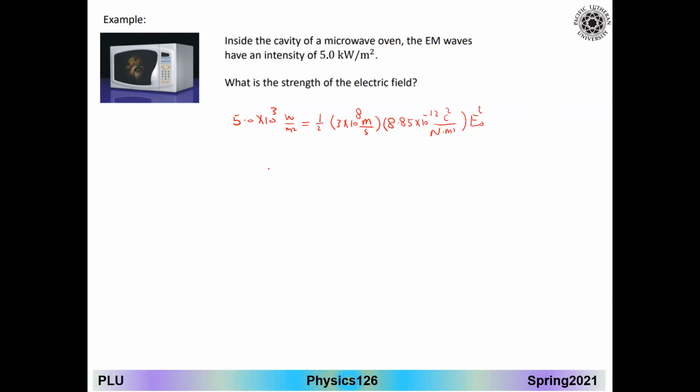Similarly, we can calculate our E after we take the square root.